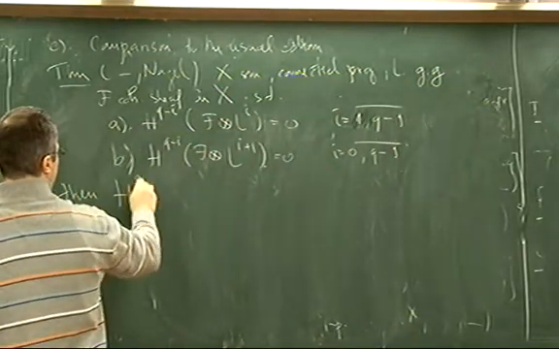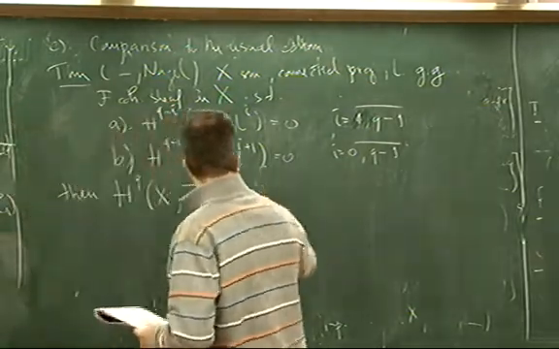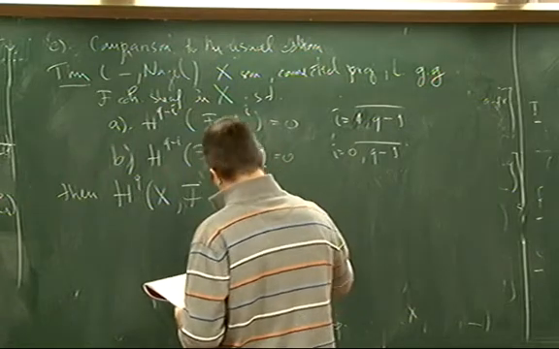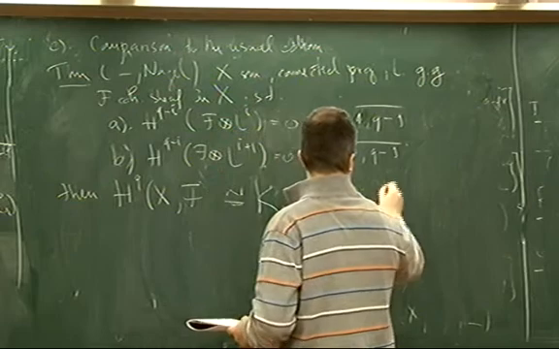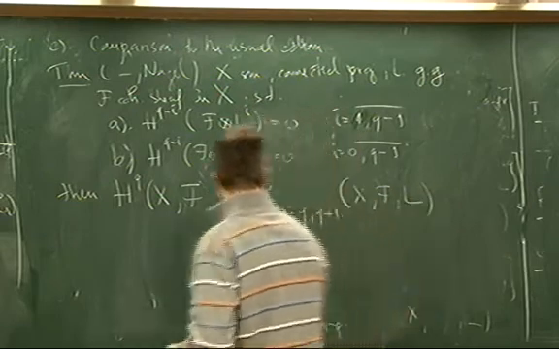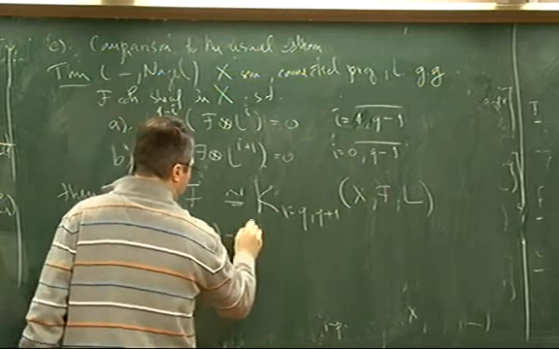Observe that they are similar to the conditions needed in the duality theorem. Then H^q(F) will be isomorphic to K_{r-q+1, q}(X, F, L), where r is just h^0(L) minus 1.